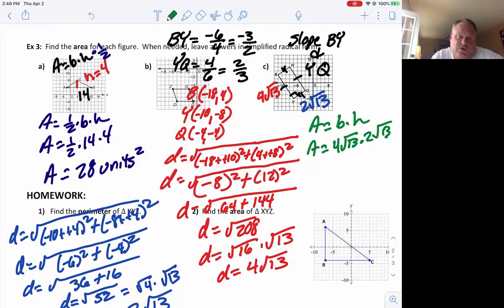Because remember, when you do these, we're going to take the 4 times the 2 and get 8. And then we're also going to get square root of 13 times square root of 13. And remember the old analogy, the square root of a pink pig times the square root of a pink pig is a pink pig. So I know that the square root of 13 times the square root of 13 is simply 13. So I know that this is 4 times 2 times 13. Or my area is simply going to be 104 units squared. Now, if you put 4 square root of 13 times 2 square root of 13 into your calculator, you would have gotten the same thing.